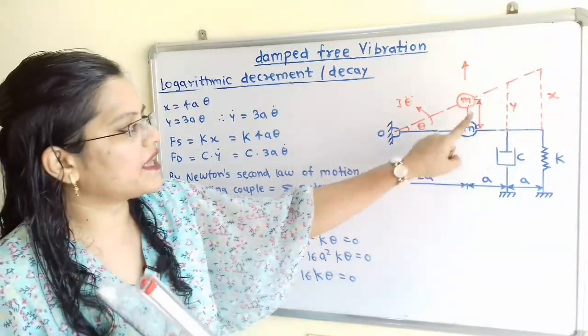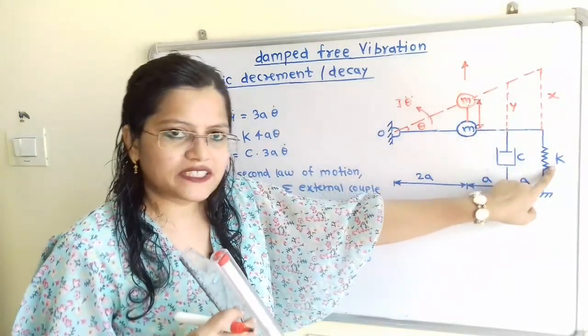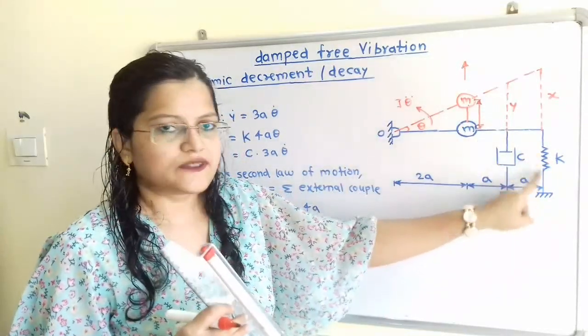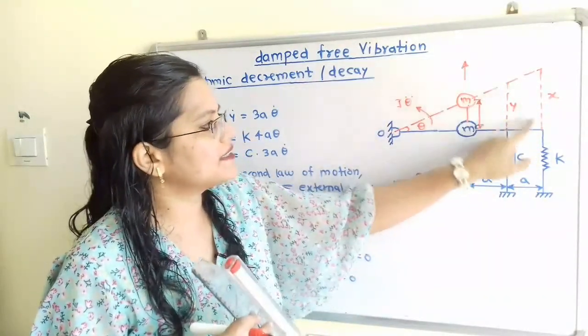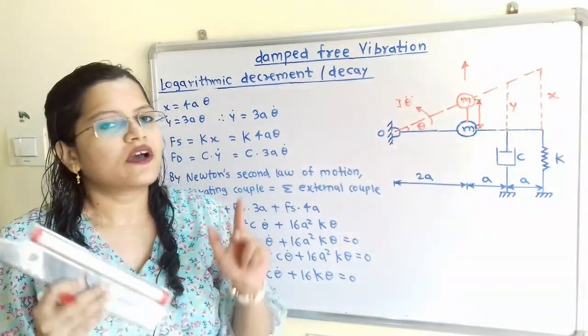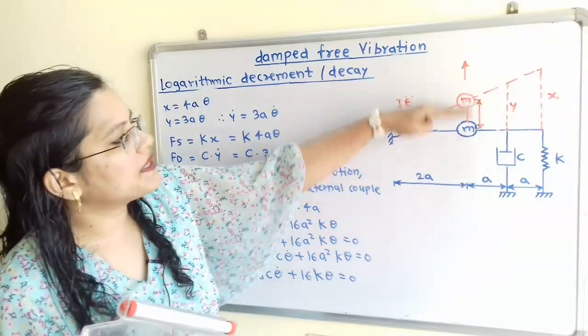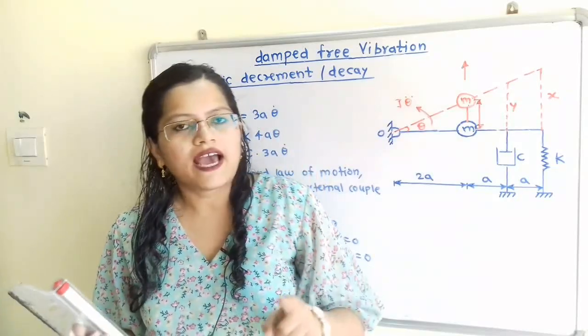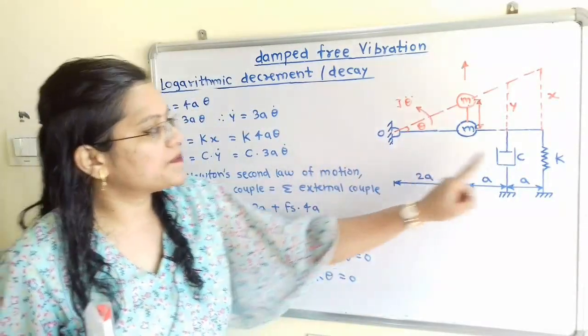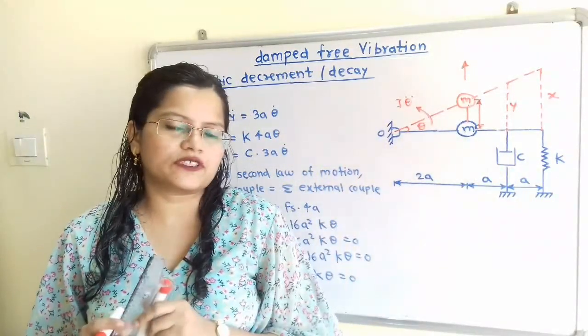From the diagram we come to know that the displacement of the spring and the displacement of the dashpot are different. Now we know that as the mass m is displaced in the upward direction, the spring force and damper force will act in the opposite direction.